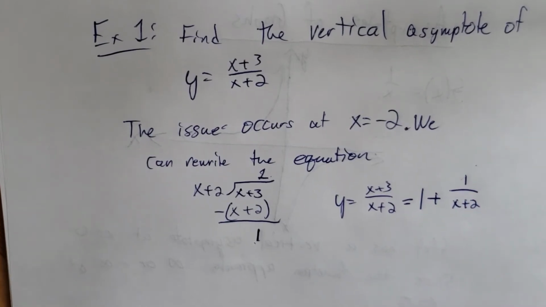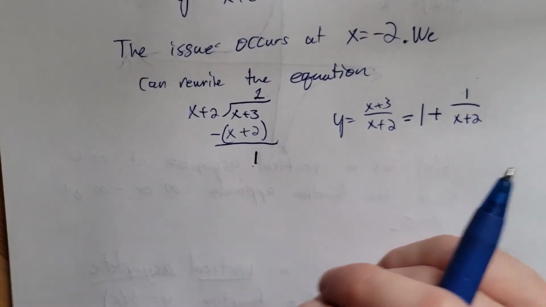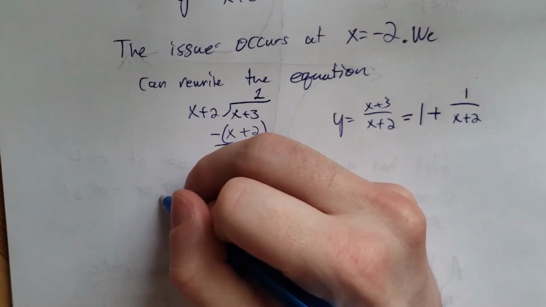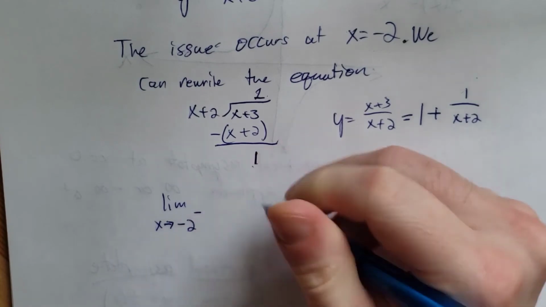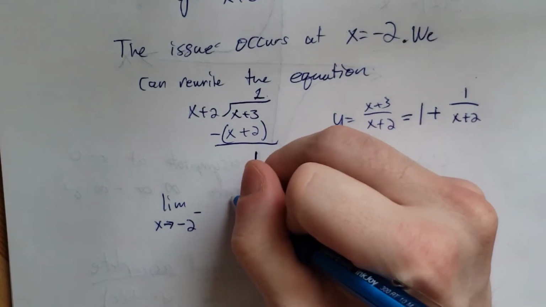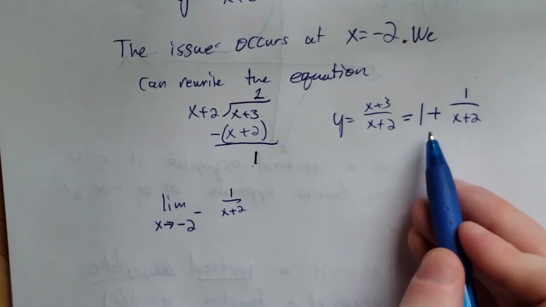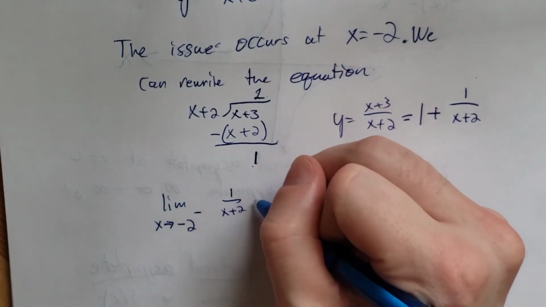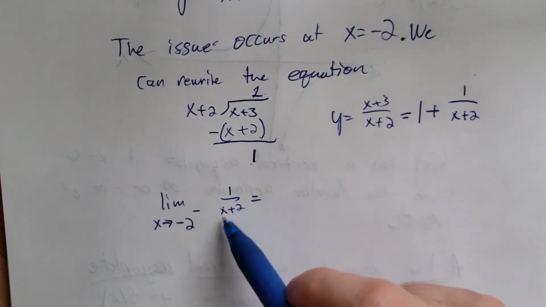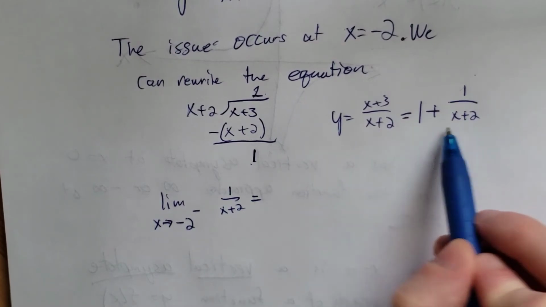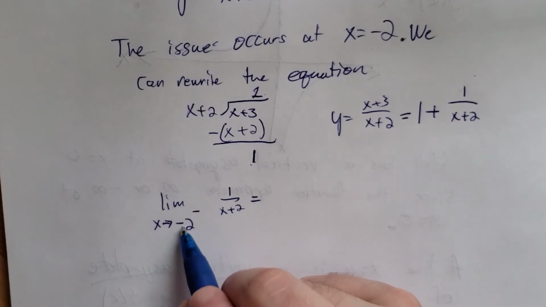And so let's actually decide analytically what our limits are. So to do this, the limit as x approaches -2 from the left of 1 over x plus 2. Really our function is 1 plus 1 over x plus 2, but this is going to go to either positive infinity or negative infinity. If this goes to either positive infinity or negative infinity, then the whole function does the same thing. So I'm just looking at this part. So let's think about what's happening here.